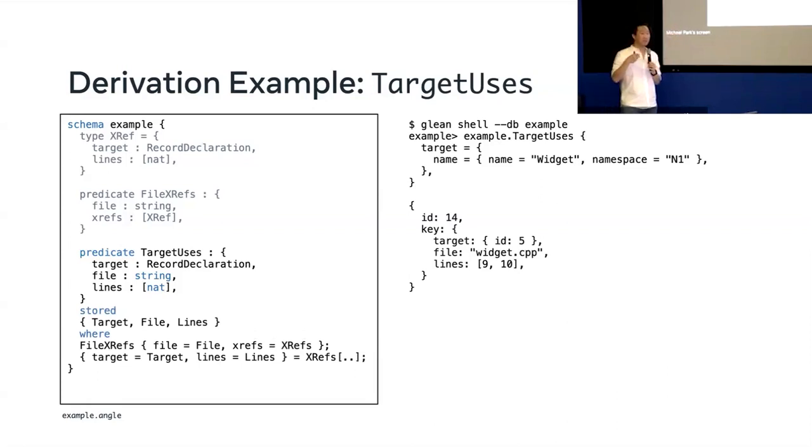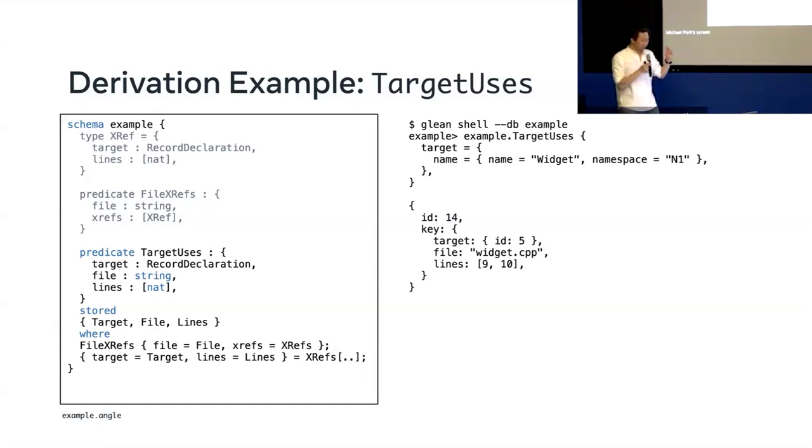What that means is Glean is then, upon doing this execution, going to write the facts actually into the database, right? So before, without the stored keyword, it's going to compute the facts on demand. Nothing's going to get written to the database. With the stored keyword, it's going to get written to the database. And so now when you do that query, it's going to be fast, right?